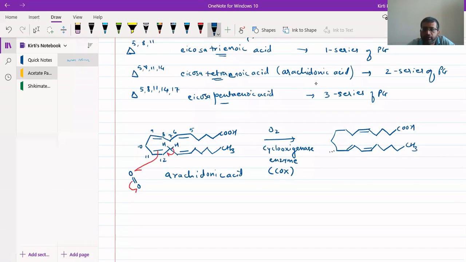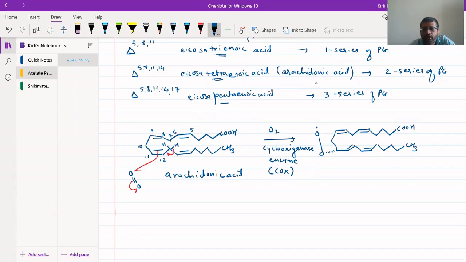Here we have a O dot, and we have a double bond over here. ये समझ में आया? We have just added an oxygen molecule at the 11th carbon by extracting the proton, by extracting the hydrogen atom here through homolytic cleavage.